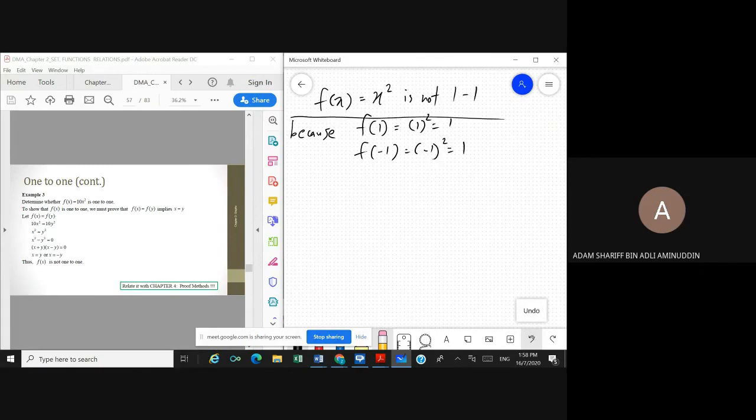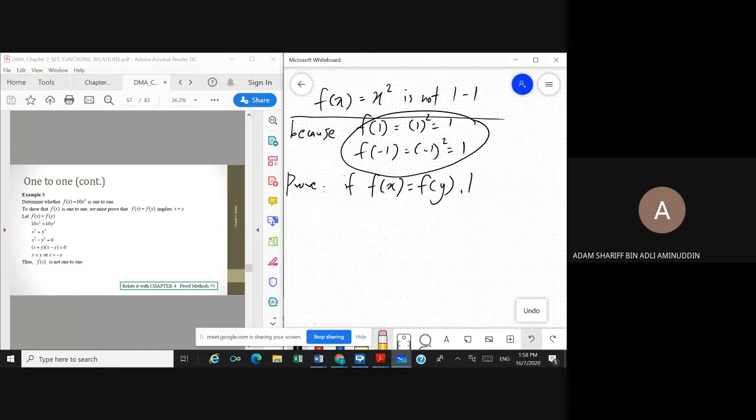Okay, how to prove this statement? Actually, this already becomes the proof already, but not in a nice way. It's not according to the definition. The definition just now: if and only if fx equals to fy implies x equals to y. Right now, you see how to use this to be aligned with the definition. Okay, if fx equals to fy, like this case, f1 equals to f negative 1, right?